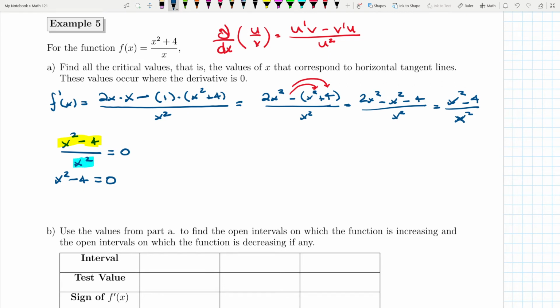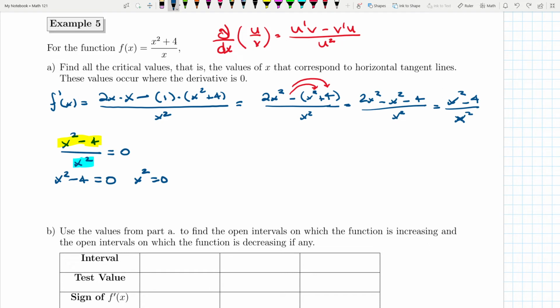In other words, we're looking for the values where, number one, the derivative is 0, and number two, the derivative is undefined, because it's in the denominator.